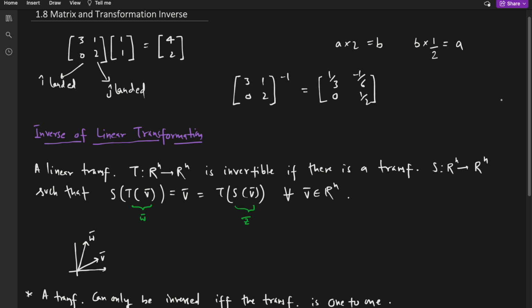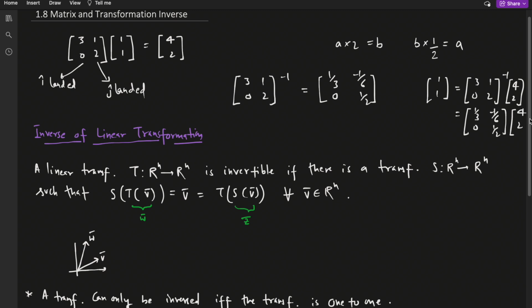Now let's do the inverse of it. If you move this matrix to this side, it will become its inverse. So this will become 1 comma 1 equals the inverse of 3 0 1 2 times 4 comma 2, and the inverse of this matrix is 1 by 3, 0, minus 1 by 6, 1 by 2.